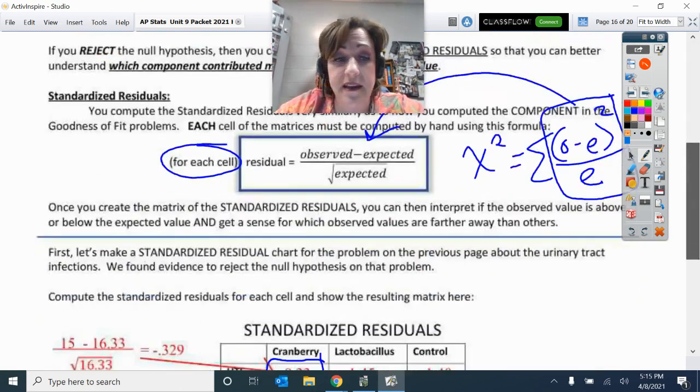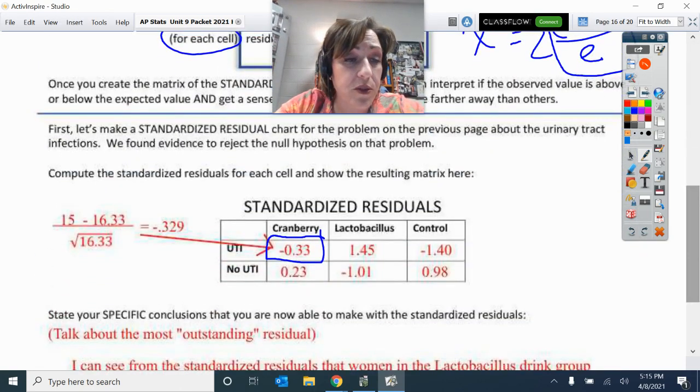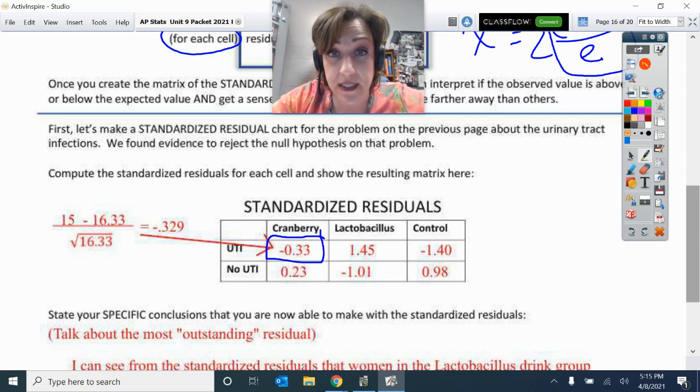So I did 15 minus 16.33 over the square root of 16.33, and that's the standardized residual. How far away from expected? This is telling me those women who had cranberry juice as treatment got urinary tract infections at a lower rate than they were expected to.